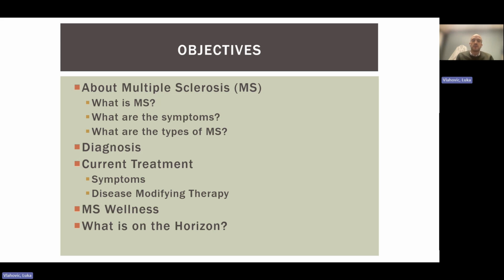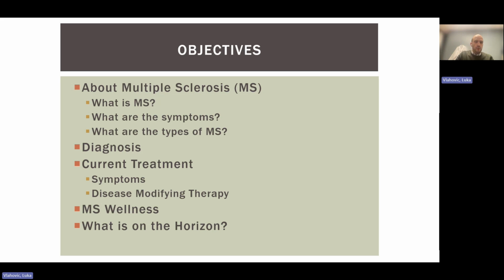Some general concepts on how to diagnose this disease, also how to approach treatments from both standpoints, immune baseline therapy as well as symptomatic treatments. We'll touch upon MS wellness and towards the end also about some updates and what is on the horizon in the field.